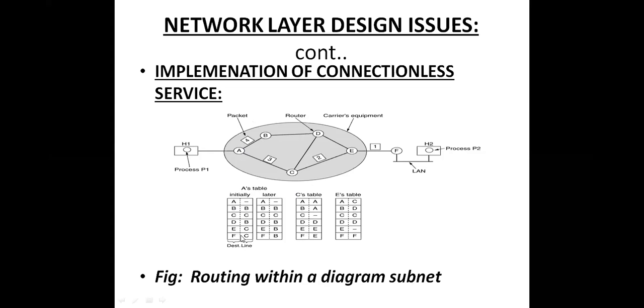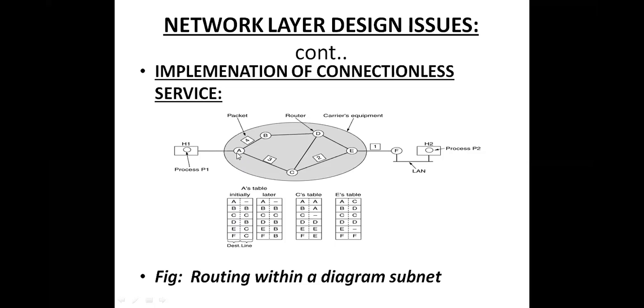So what does a routing table consist of? The routing table consists of all the routers' information. In this particular example, we have routers from A to F. For example, A to A is a hyphen, that is a sender, that is a receiver, right?